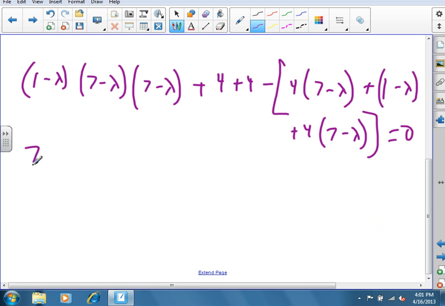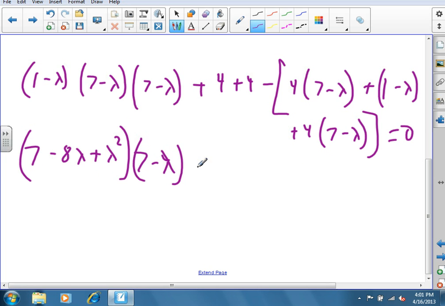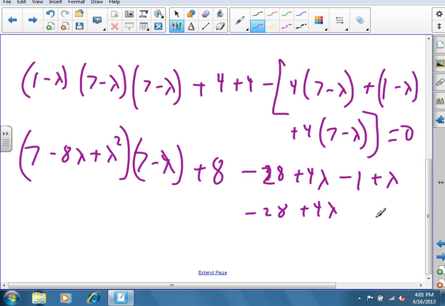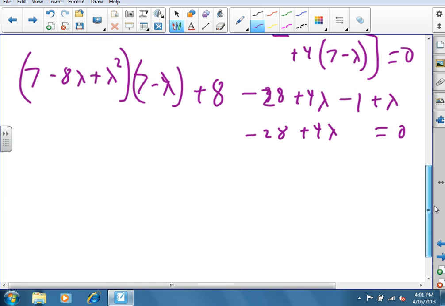So I've got 7 minus 8 lambda plus lambda squared, 7 minus lambda, plus 8 minus 28 plus 4 lambda minus 1 plus lambda minus 28 plus 4 lambda has to be 0. Okay, so as long as I keep my wits about myself, I should be okay.